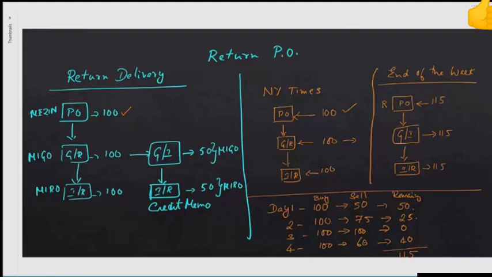The difference between this PO and this PO is that at the line item level, you mark that as a return PO. That's what triggers this new kind of process. Everything else remains the same. You just mark that line item as return PO, and then subsequent processes automatically adjust themselves to be a goods issue, for example, as opposed to a goods receipt, or a credit memo as opposed to an invoice receipt.